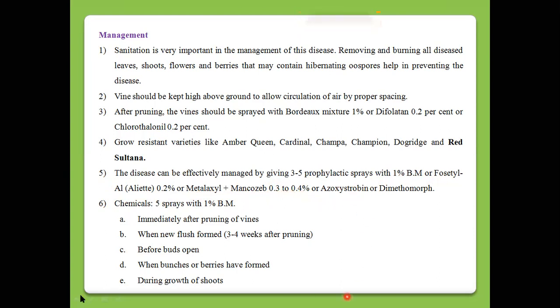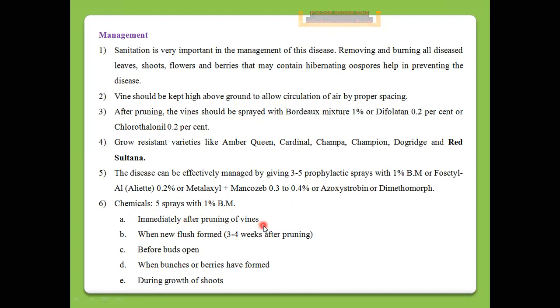Or recently, azoxystrobin fungicide is also used to control this disease.